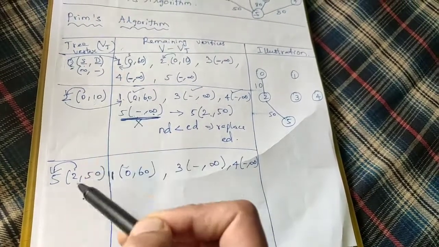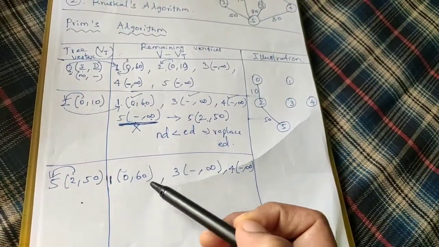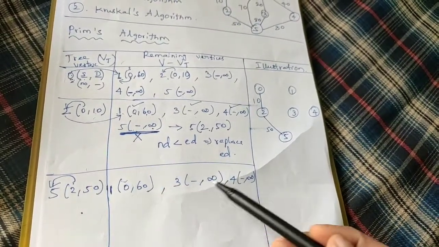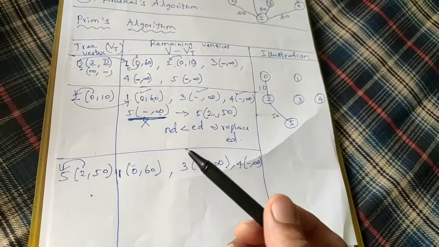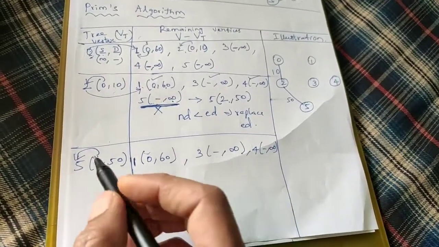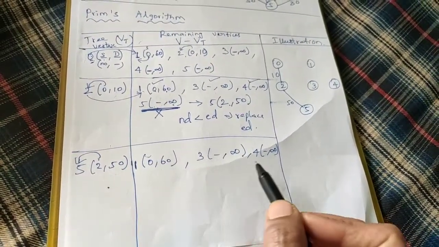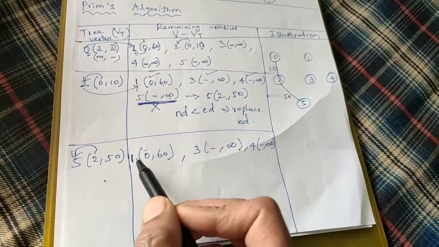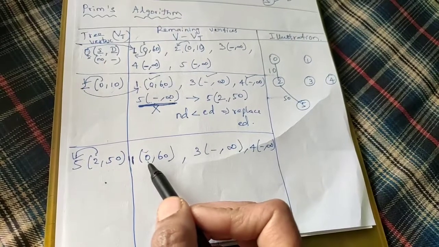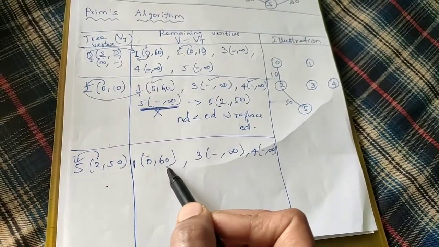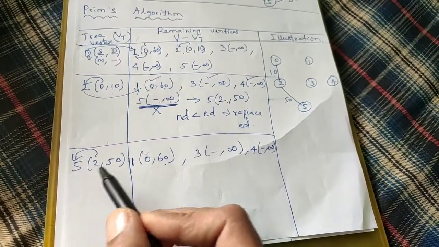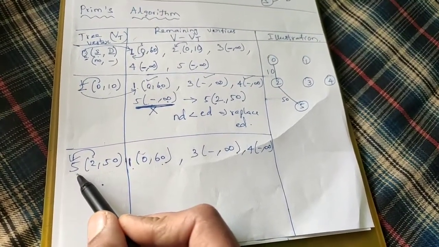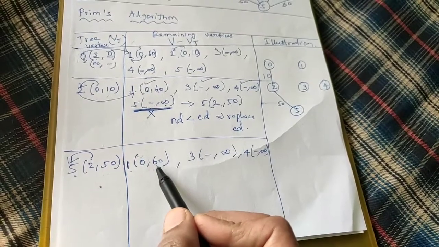So by leaving these vertices, I have 3 more remaining vertices in the remaining vertices column. Now try to visit these 3 vertices from the vertex 5 now. So 1 has been already visited from 0 with the distance 60. Let us try to visit the same vertex 1 from 5. Let us check whether I will get a distance lesser than this or not.